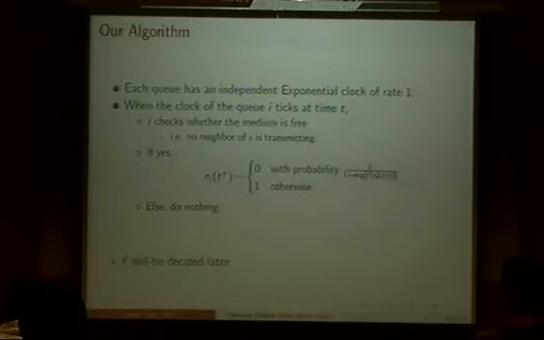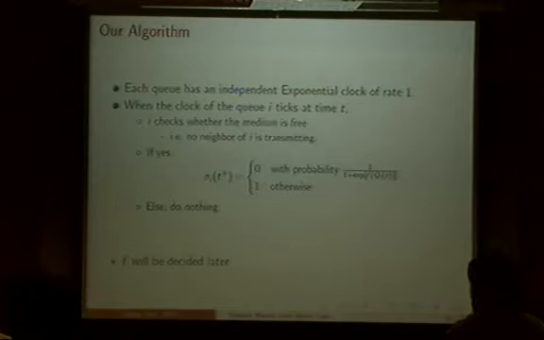In the other case, do nothing. Here, f is some function to be decided later, but basically a very simple function. So this algorithm only depends on very local information. It only needs to know whether its neighbor is transmitting or not, and only its own queue size. Therefore, it is very easy to implement.